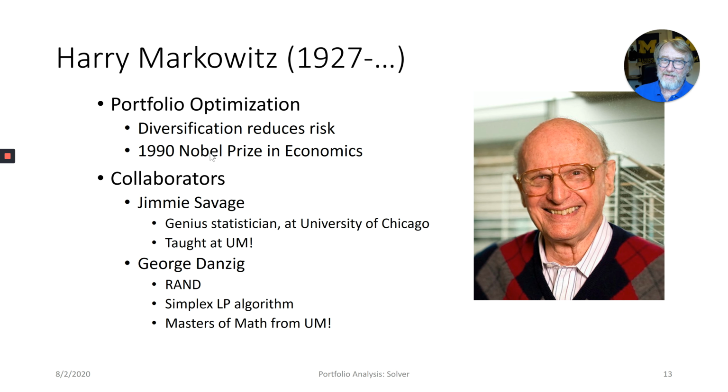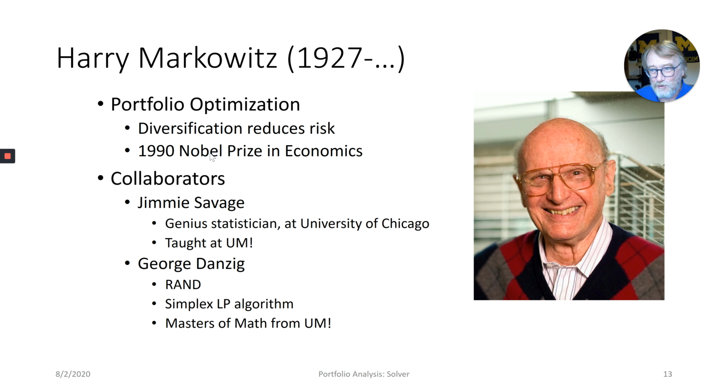My own PhD advisor, Bruce Hill, spent time with Jimmy Savage at U of M and learned his Bayesian statistics from him. So I feel a connection, three-way, thrice removed, I guess.